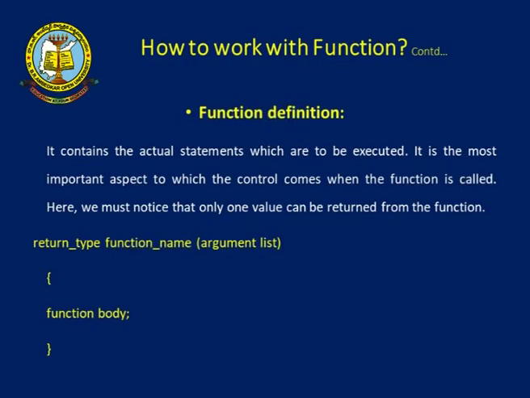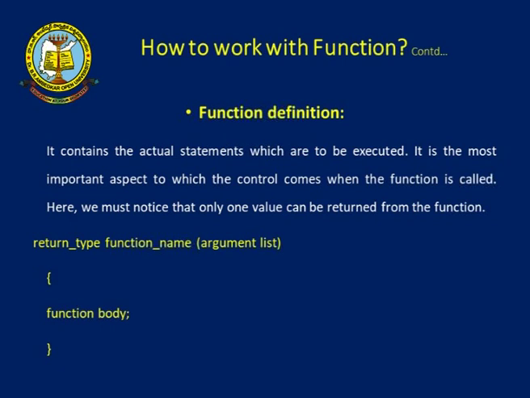Then how to write it? What is the syntax for the function definition? Return type, function name, within the parentheses the argument list, and we need to create the block here. The function definition must have the body implementation part, whereas the function declaration does not have the implementation.